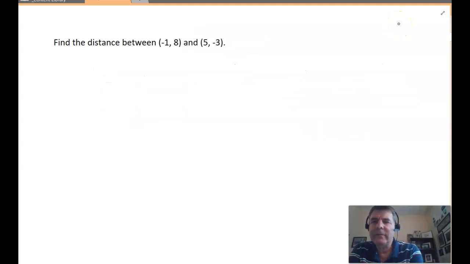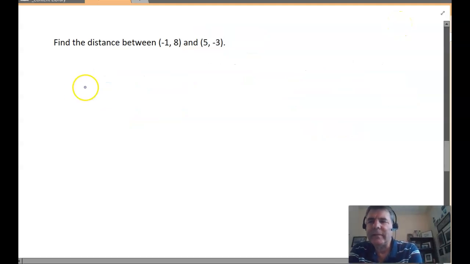Okay, let's do it with these 2 points, and my distance is going to equal the square root of the difference in x. Now this is 5 minus negative 1, so watch your negatives.